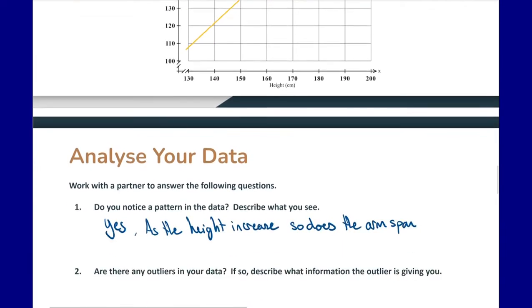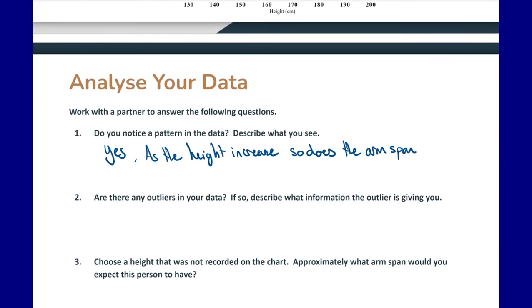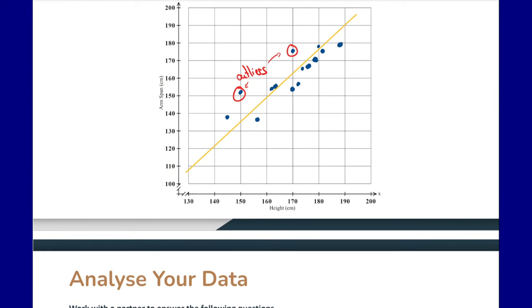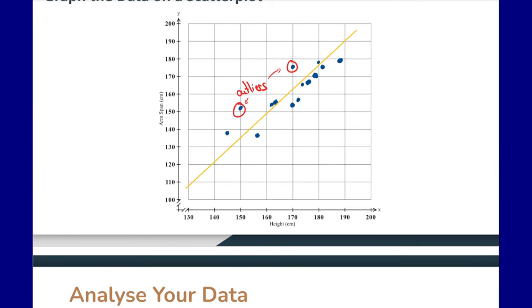We've labeled them. What information are the outliers giving us? So what information are these outliers telling us about the individuals? Well, at their specific height, it's saying that their arm span is greater than what it should be.